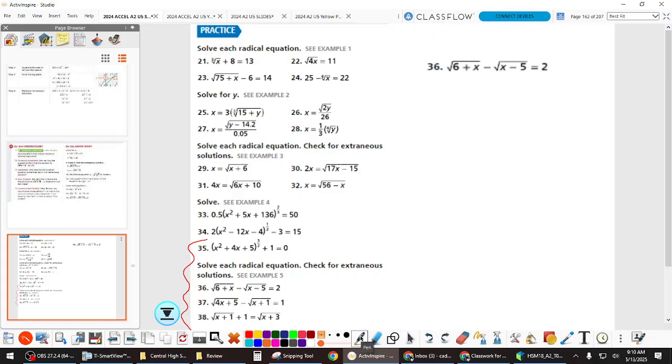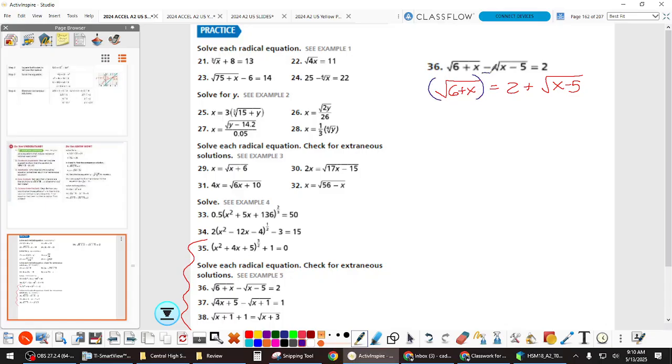Right, so we'll do 36, and you can finish these up for tomorrow. Then we'll check the rest. Okay, so in our notes we said get the more ugly one by itself, but in this case they're the same. So just pick one of them. Now we're ready to square both entire sides.